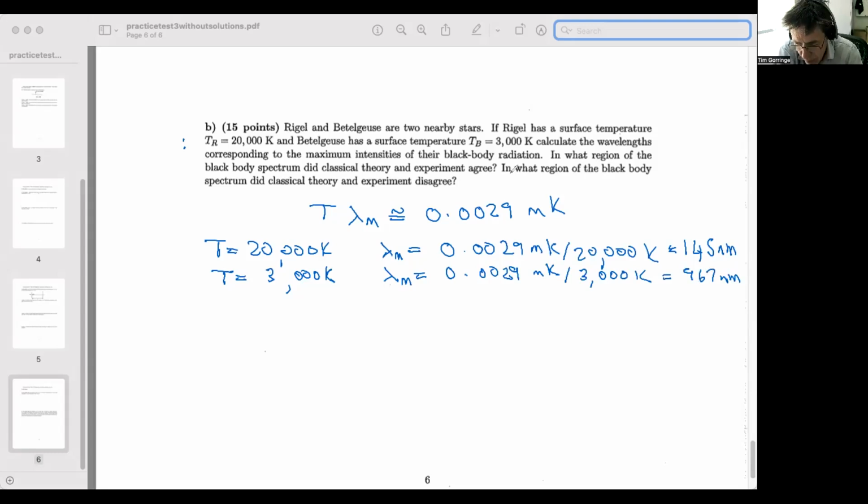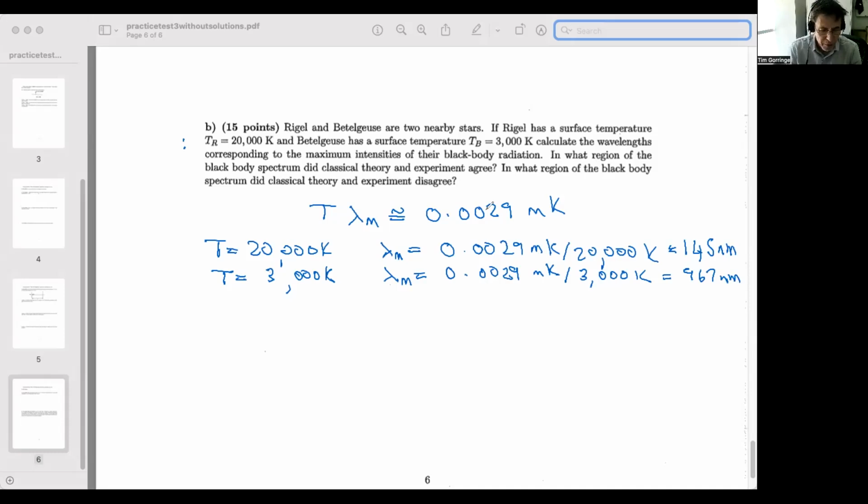The last part of this problem asks us to make some statements about in what regions the classical theory of blackbody radiation agreed with the experimental data, and what region it disagreed with the experimental data.